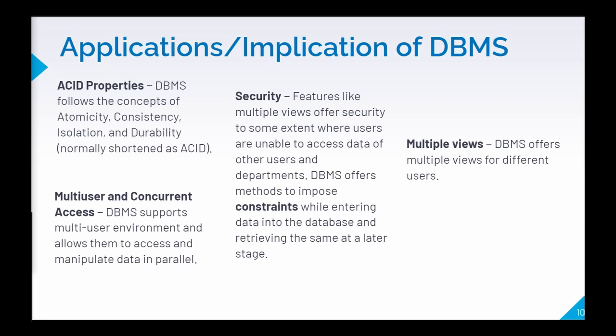And the last, we have durability. The database should be durable enough to hold all its latest updates, even if the system fails or restarts. This is important. If a transaction updates a chunk of data in a database and commits, what is commit? Later we'll discuss commit.